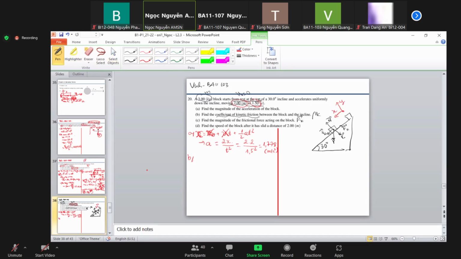Okay. So we have the second Newton law: Fk plus P plus N equal to ma.